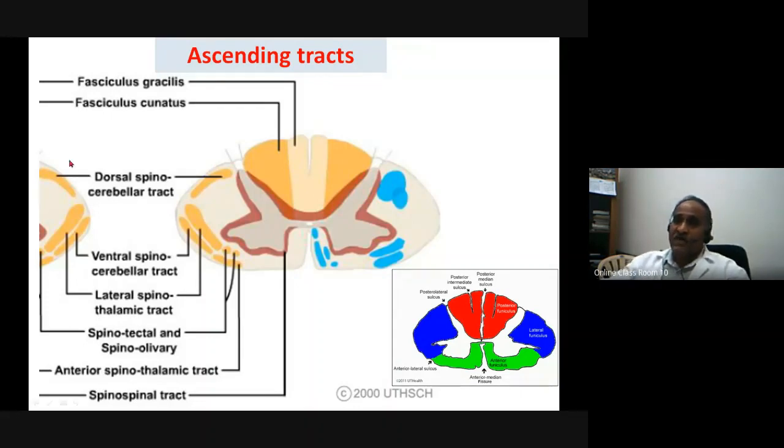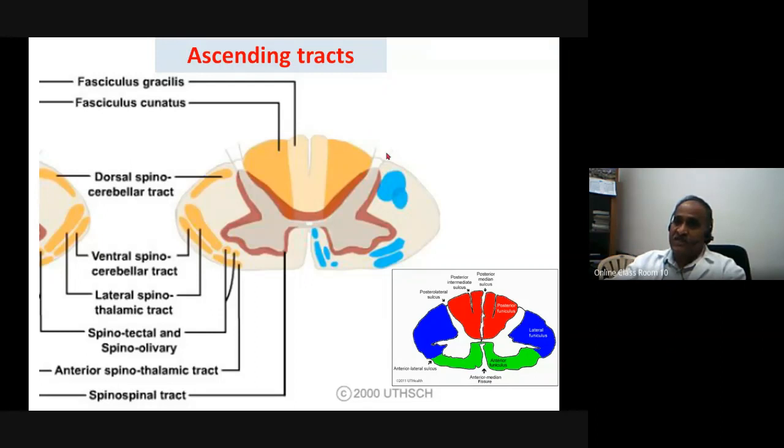Now, coming back here, I will just briefly tell about the ascending tracts. In my talk, I have made the segments which reach the intersegments, especially these areas, just before the substantia gelatinosa, the cap. These areas communicate with the other segments of the spinal cord.